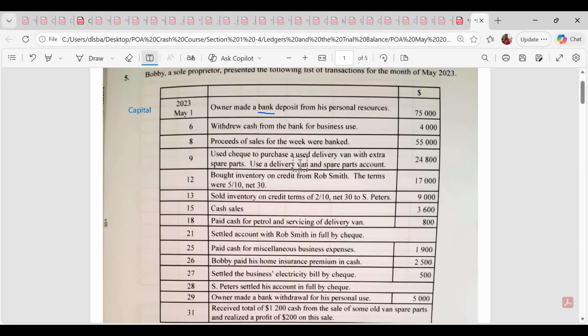It means if you pay within 10 days, you get a 5% discount, but you must pay within 30 days. That's what net 30 means. So 5/10 net 30 means a 5% discount if you pay within 10 days, but full payment is due in 30 days.